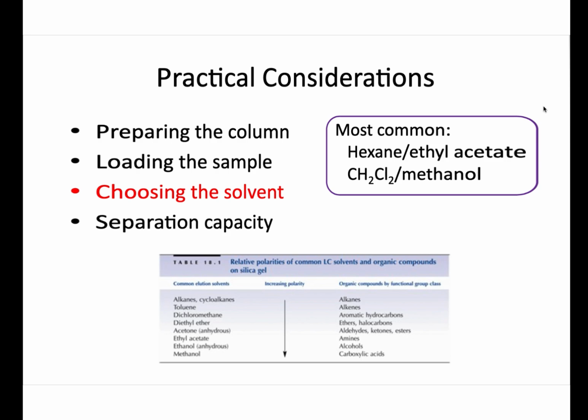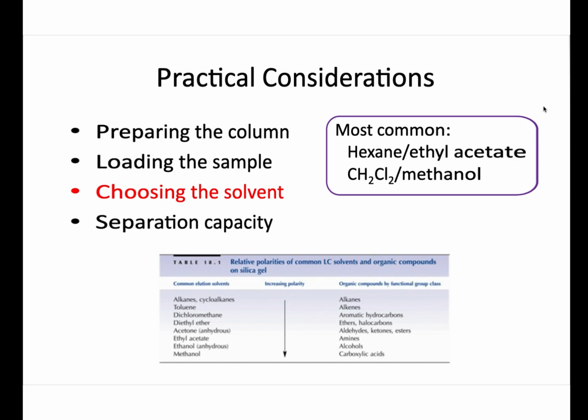Higher resolution helps you to separate the components of diastereomers, of enantiomers, or the components of a chemical reaction. And this is defined by the separation capacity. Sometimes you have to use more than one solvent. Sometimes you need a little bit polar.